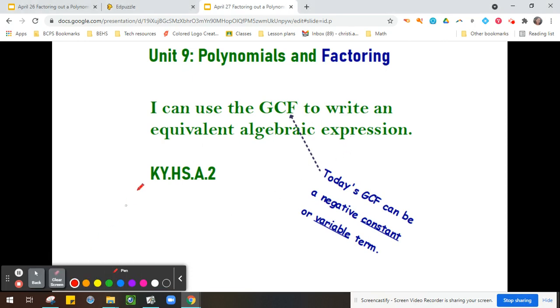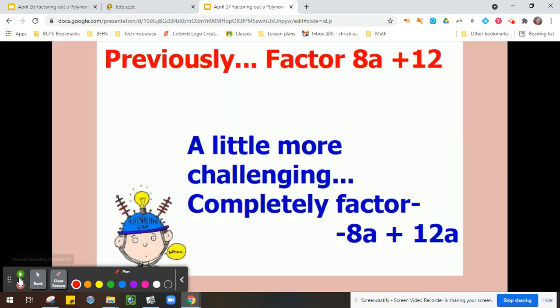So yesterday, we practiced this, and if you understood yesterday, today is only a small step more difficult. The difficulty level is that now your GCF can be a negative constant or variable term. So previously, we factored expressions like this one, 8a plus 12, where the leading coefficient was positive.